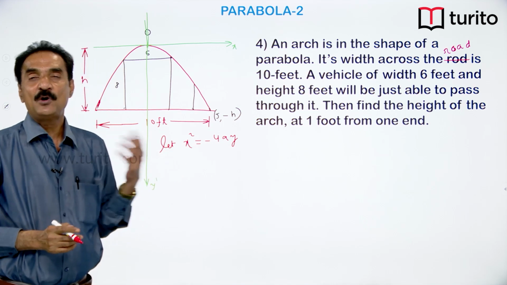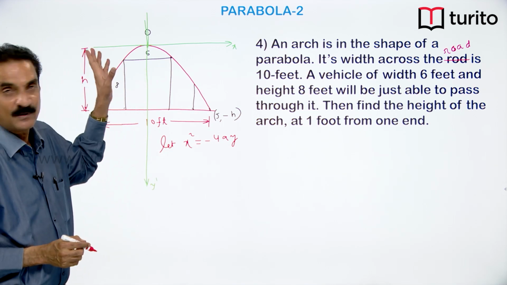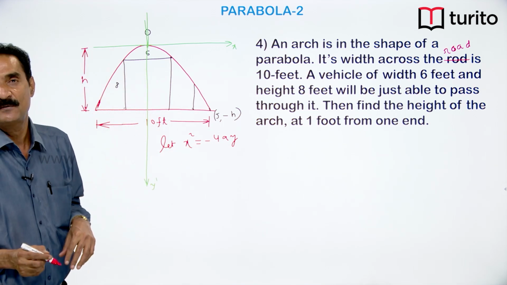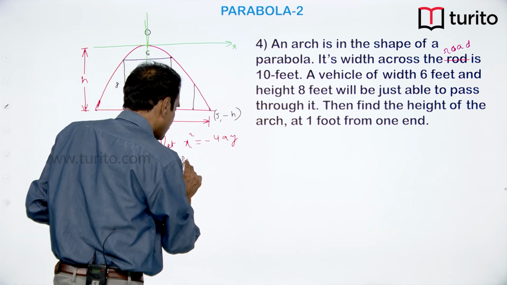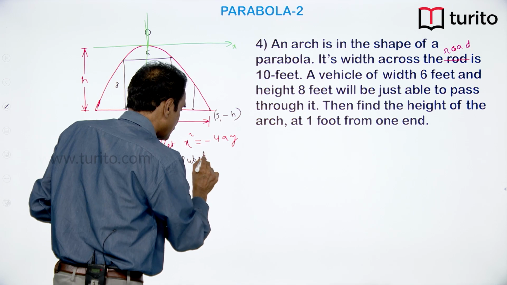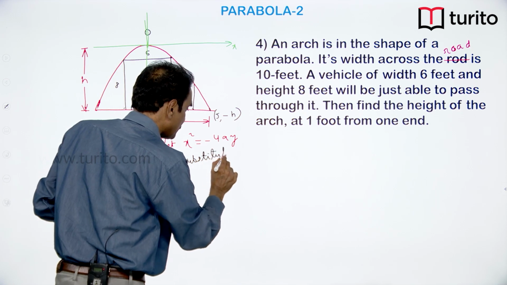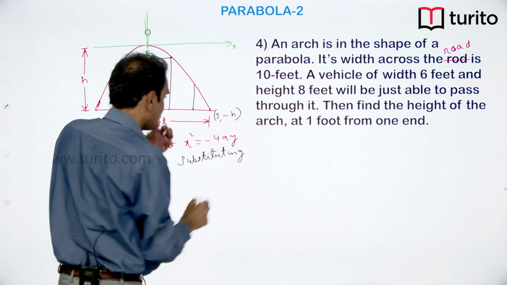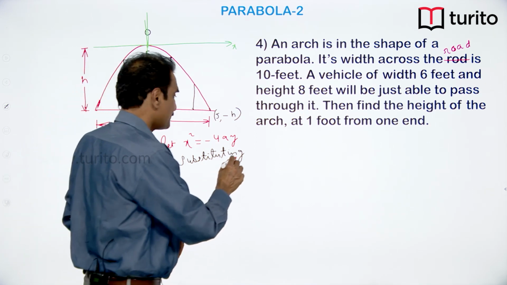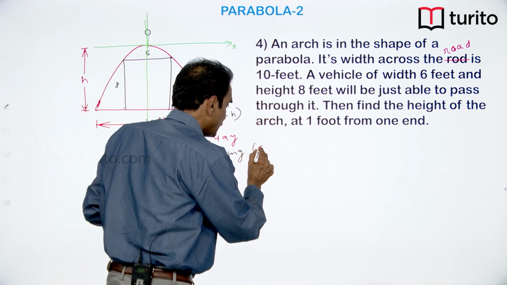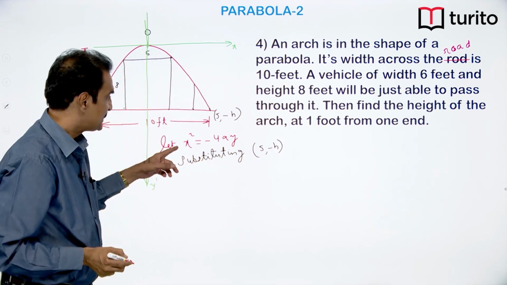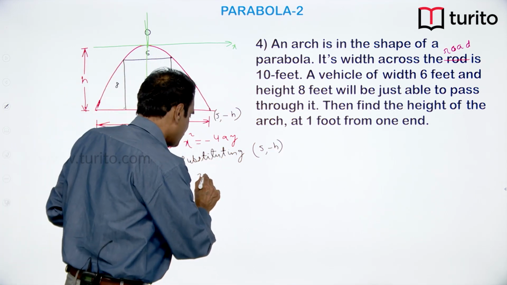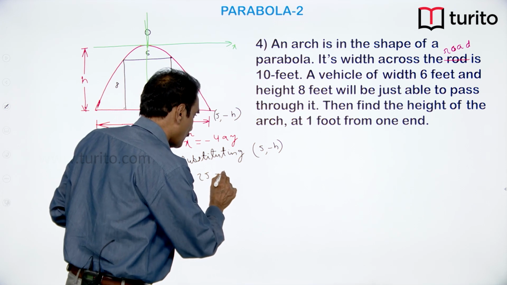Okay. (5, -h) lies on the parabola x square is equal to -4ay. So, substituting (5, -h), what will we get? 25 is equal to 4ah.